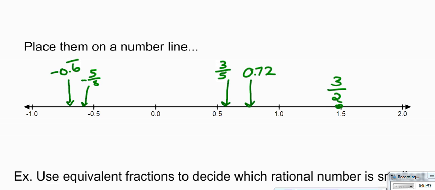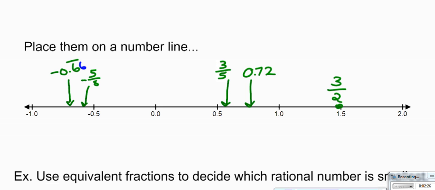Okay, and so just going through these examples, when we compare -0.6 repeating and -5/8, -0.66 is a larger decimal, so 66 is greater than 62.5, just the 62, and so it's going to be closer to -1. If we thought of value, -0.66 would actually be the lesser value because it's further to the left.